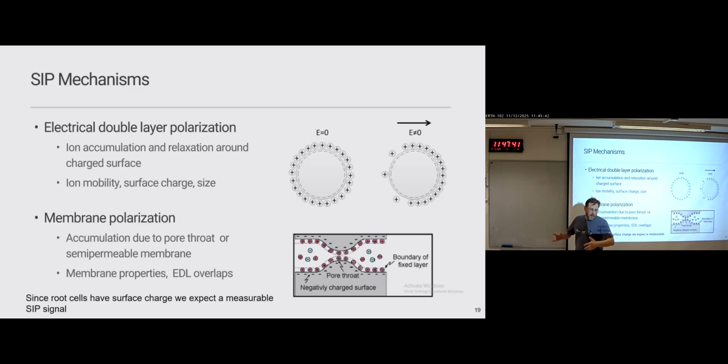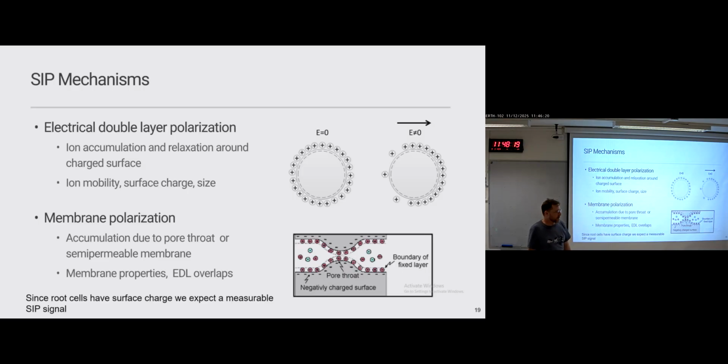I have, for example, another work in which we look at the impact of flow on the SIP signature. Using SIP, we're able to start thinking about flow at the electrical double layer, about chemical complexation, adsorption and desorption processes at the electrical double layer. So this method is really sensitive to the interface and what is going on there. We do the measurement at a large scale, but it is really sensitive to the small scale. This is what I really like in this method.